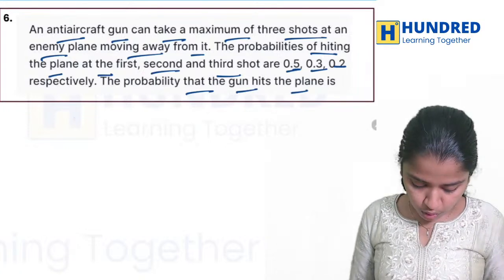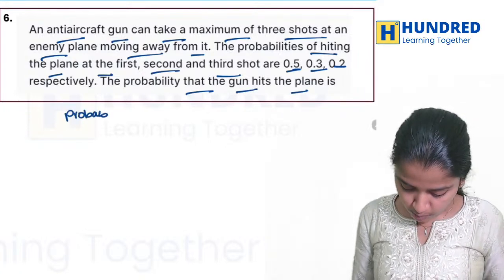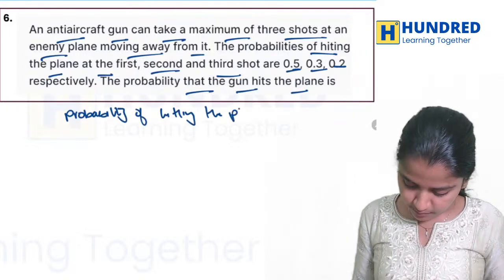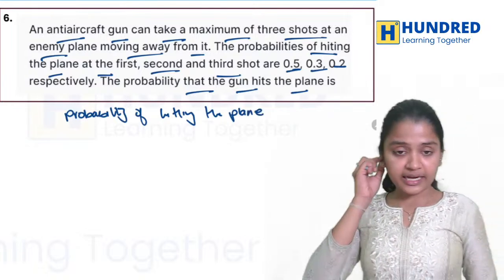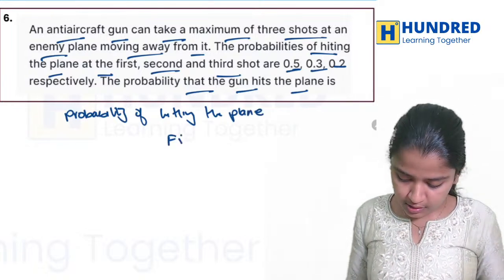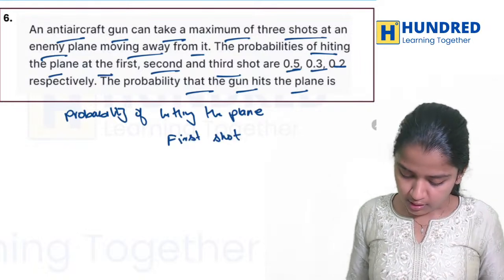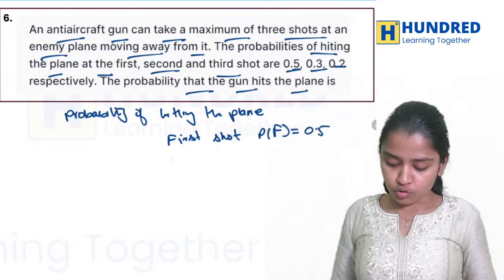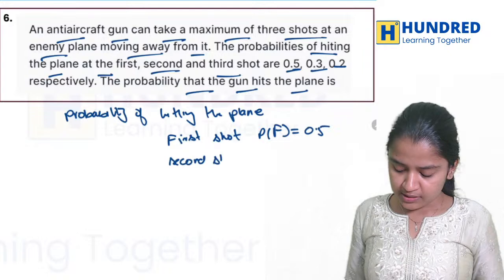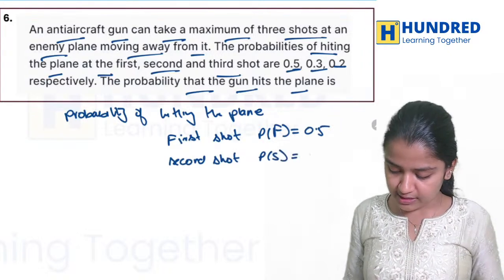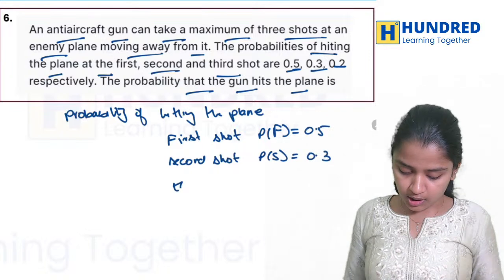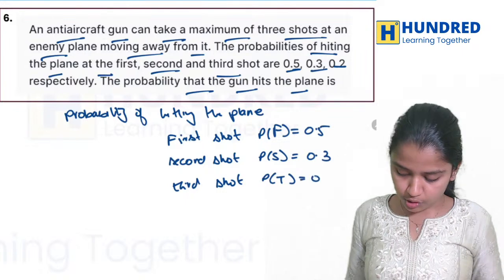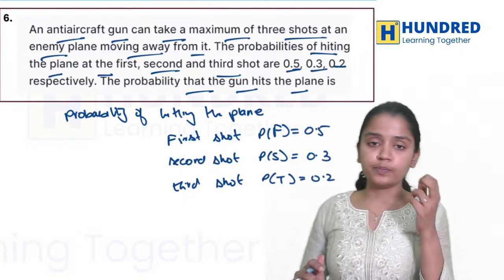So probability of hitting the plane. ஃபர்ஸ்ட் ஷாட் P of F is nothing but 0.5. second shotல ஹிட் ஆகிறது P of S is equal to 0.3. third shot P of T is equal to 0.2. So இந்த மாதிரி you will be having, right?